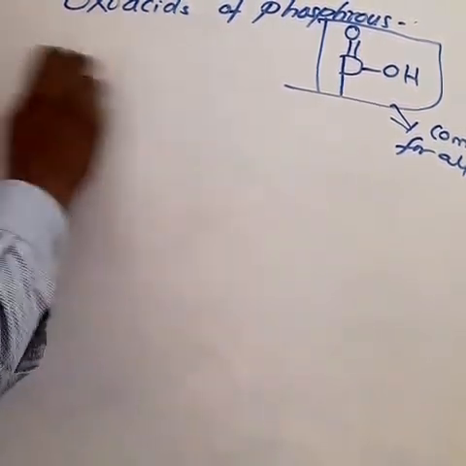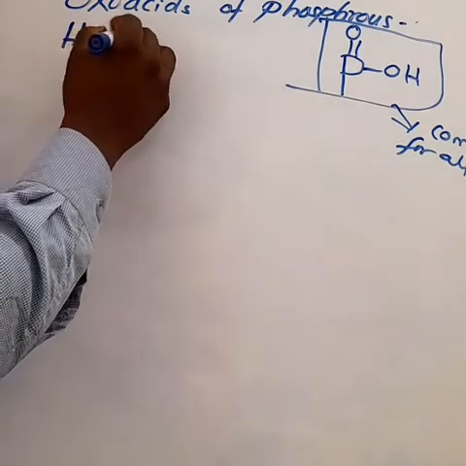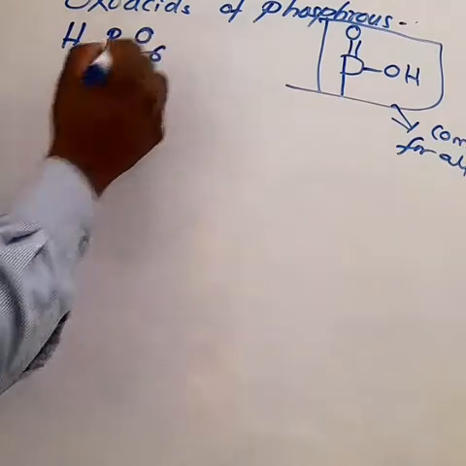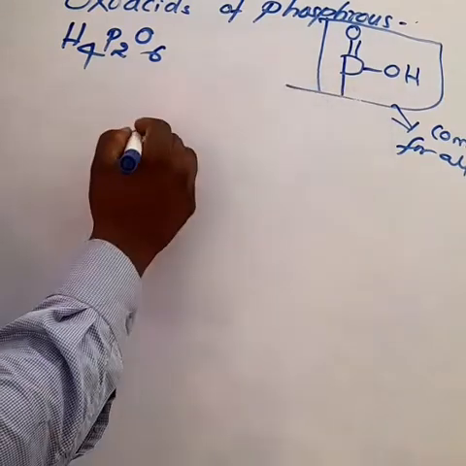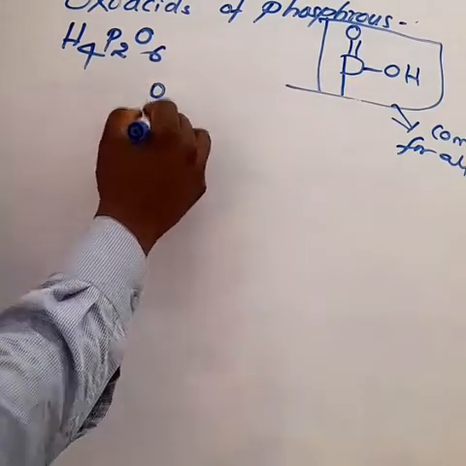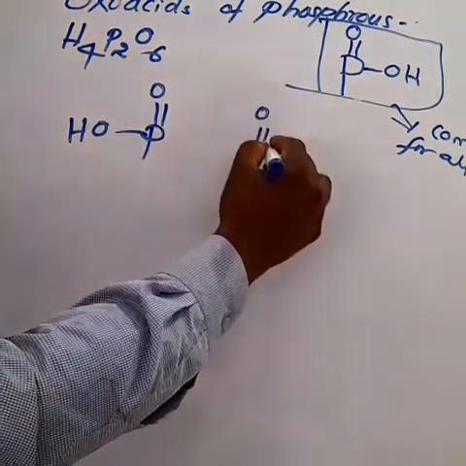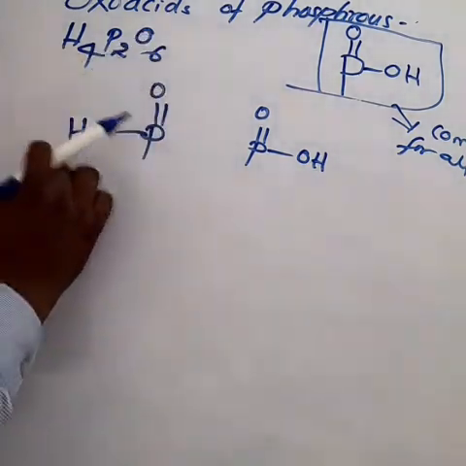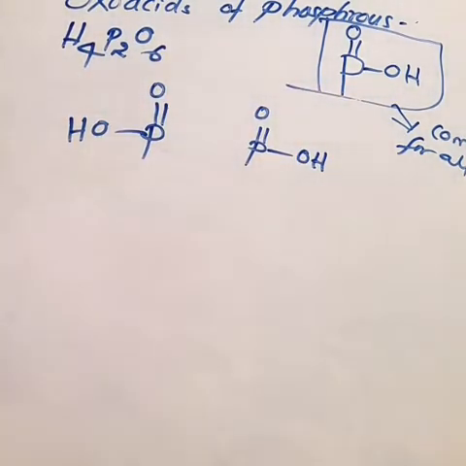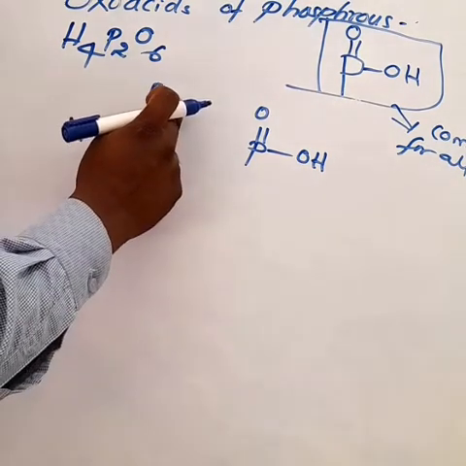Next one, hypophosphoric acid. I told you which group is common: P double bond O, OH. Here, try to understand the concept. The previous two compounds have only one phosphorus, but here there are 2 phosphorus. So 2 groups are common, don't forget that 2. That is, 2 P double bond O, OH groups are common. P, double bond on the upside, OH on the left side.